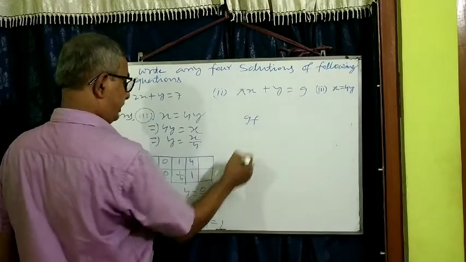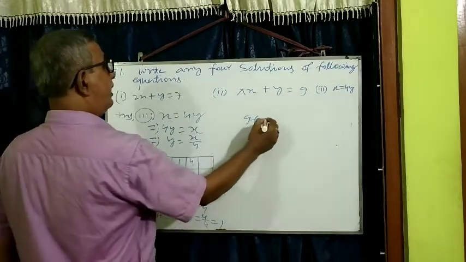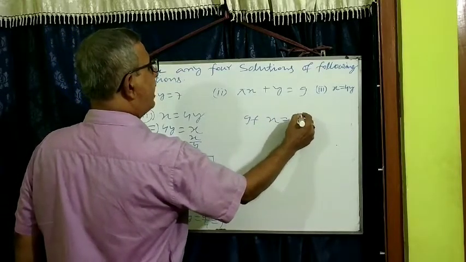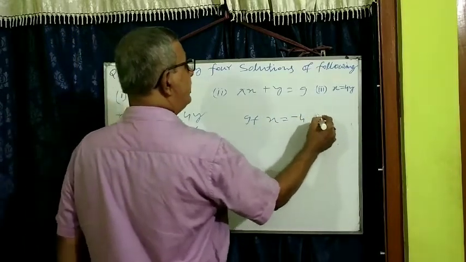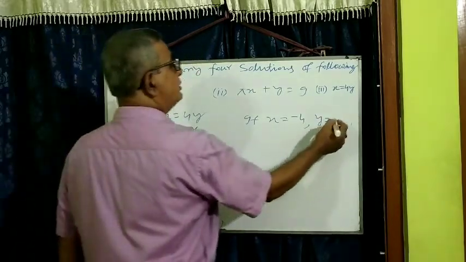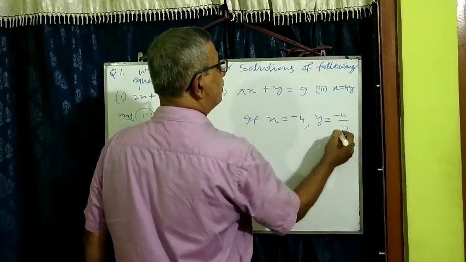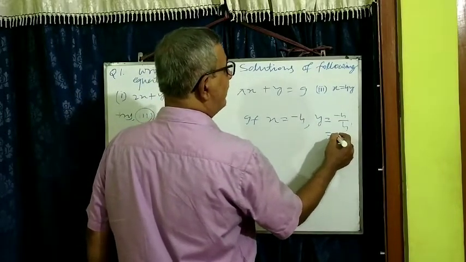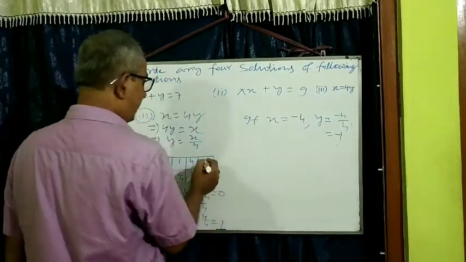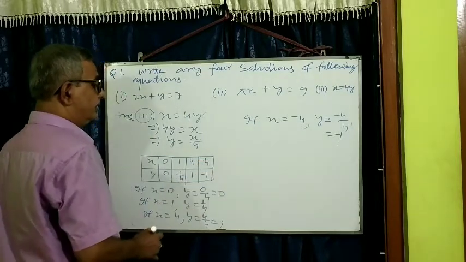For the fourth solution, if x is equal to minus 4, then y is equal to x by 4, so minus 4 by 4. 4 cancels, and minus 1 remains. In this way, minus 4, then minus 1.